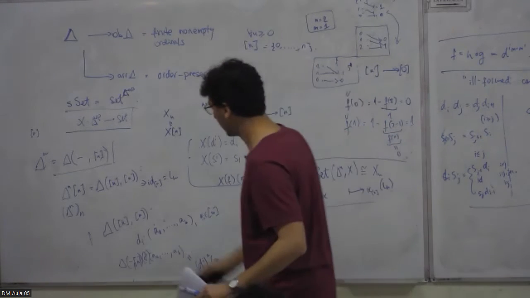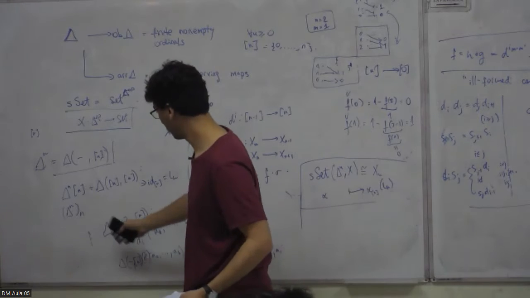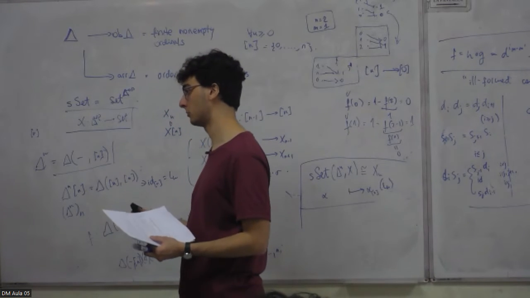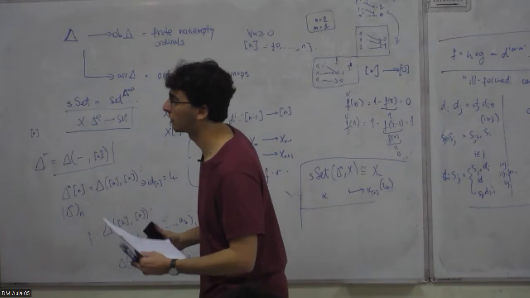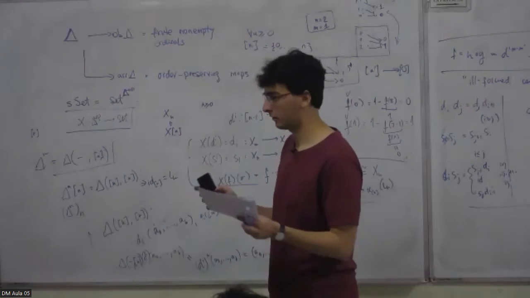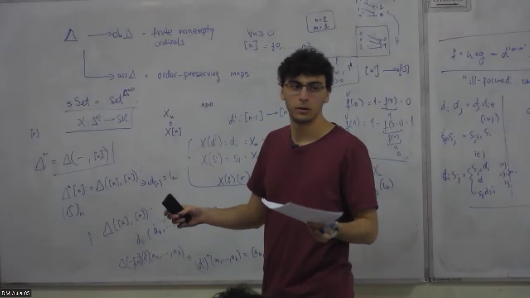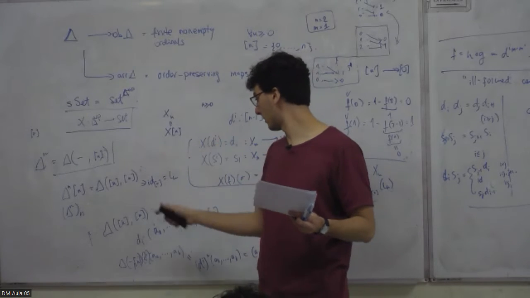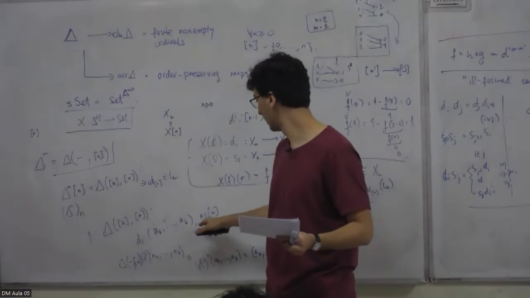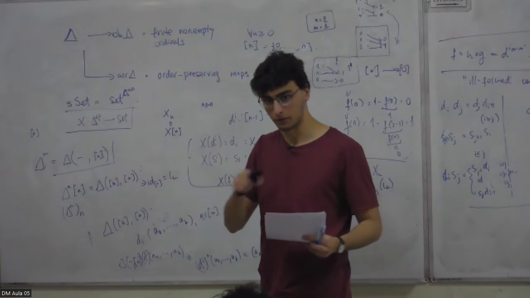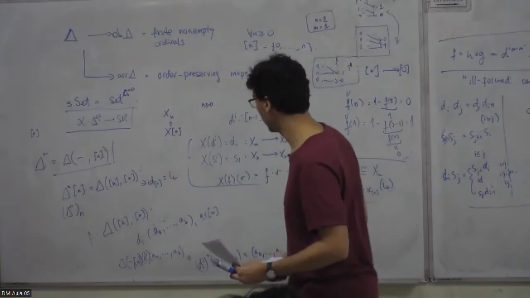So these are simplicial sets. A concrete description would be all the tuples of any length at all, where all elements of the tuple are between 0 and n, and each tuple is non-decreasing, right?